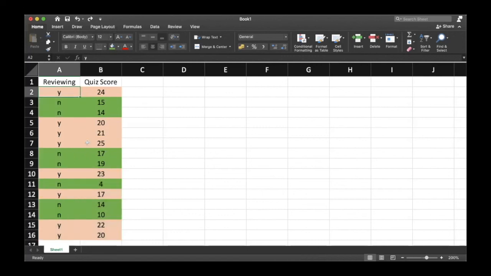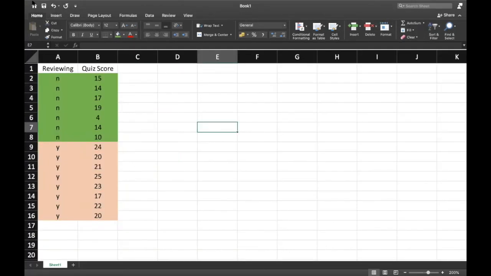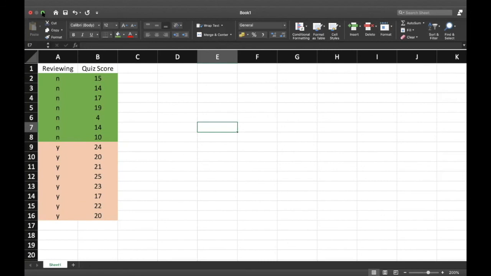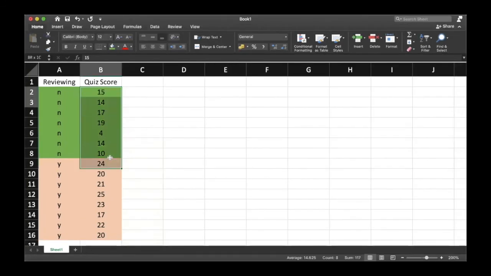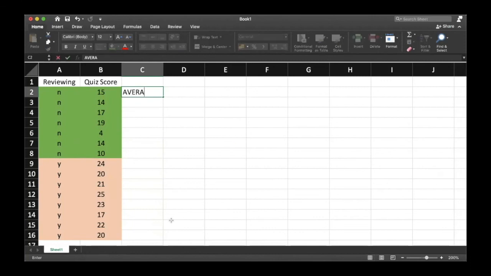But if we have this, and let's say for example, we group them. So when we combine those who said no, and we computed the average quiz scores of all of those who said no, and the average quiz scores of all of those who said yes, they reviewed. Let's do that.